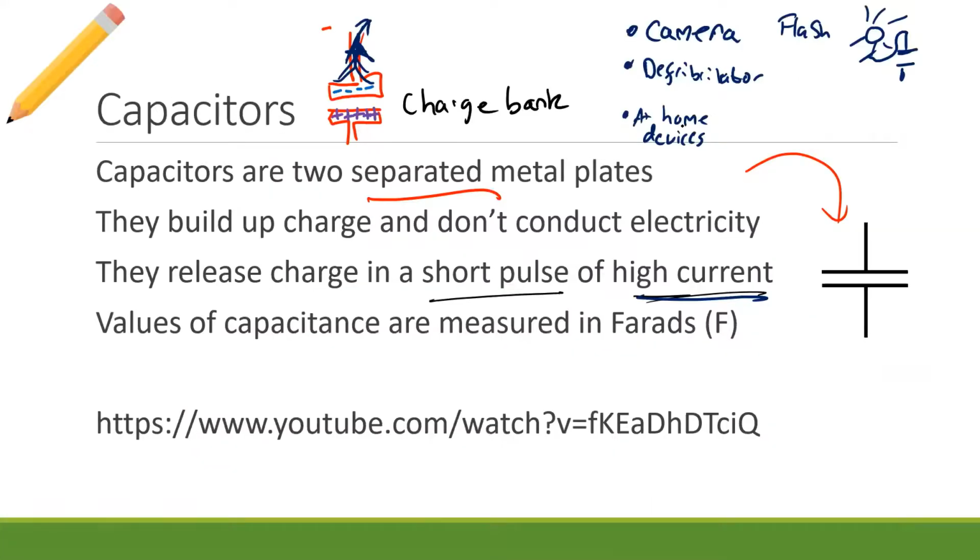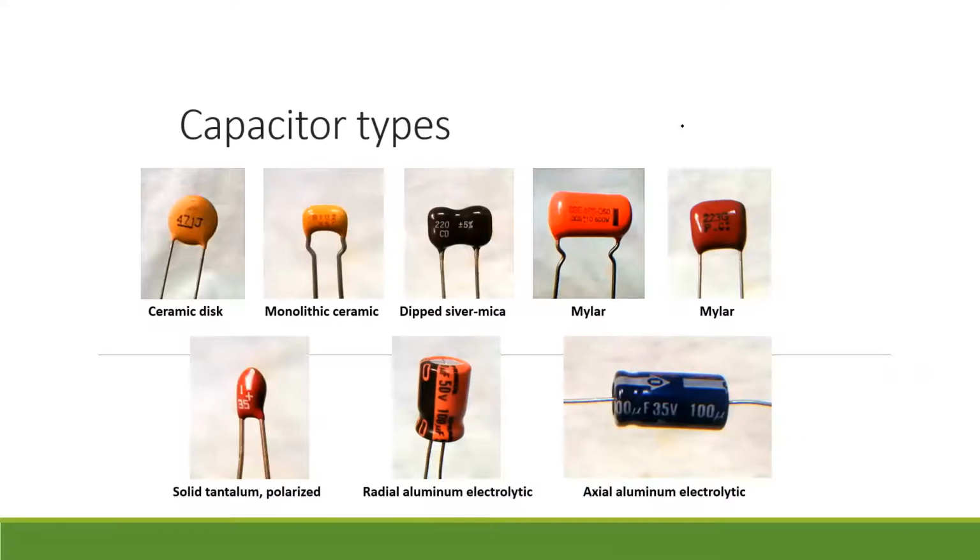Now, what do they look like? They look like these. If you have a broken TV or a broken computer, and you know it's an electronic problem, a lot of the time it actually is a broken capacitor. If you ever have something broken, you should look for this device here.